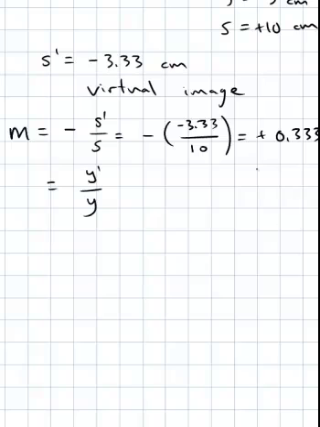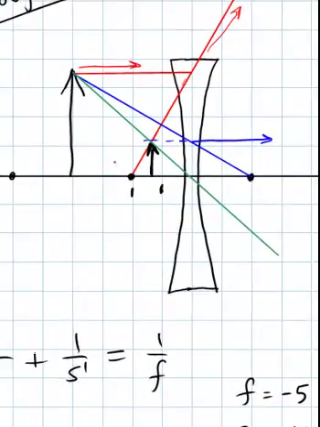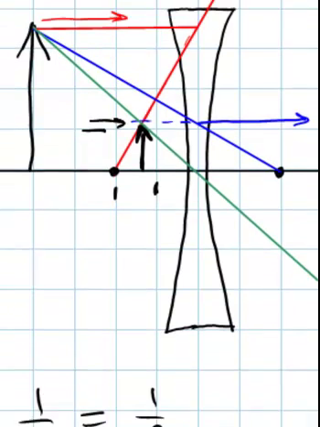And so when I use that, I get our object height divided by 3 is our image height, or our image is 3 centimeters. And let's see if that works out. Yeah, it's pretty good. So this would be 2.5 centimeters, and it looks like we're just a little above that. So yeah, 3 centimeters, not bad for a rough and dirty ray trace. We came up pretty close to what this image is going to look like.